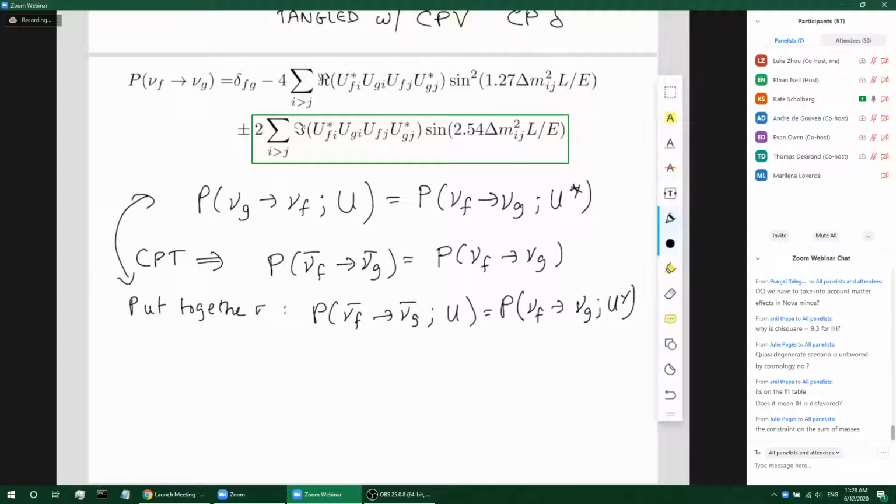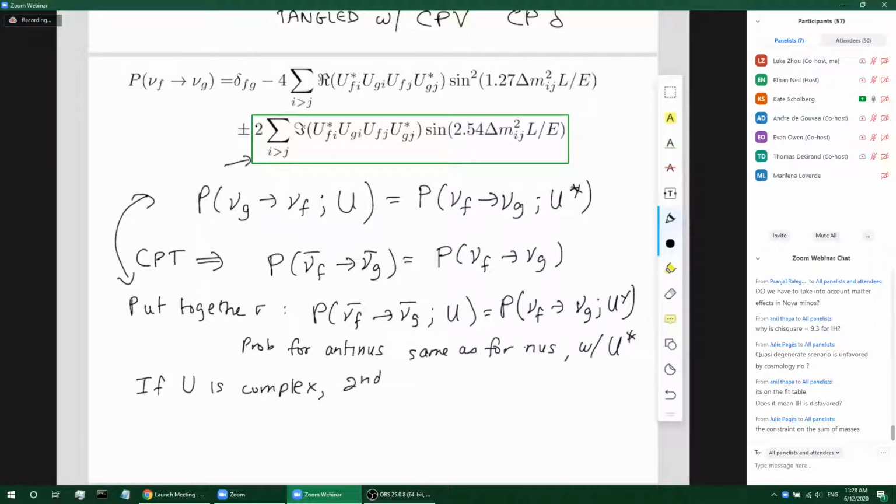What this is saying is that the probability of transition for antineutrinos is the same as for neutrinos with a complex conjugated matrix. And so if U is complex, the second term, this one here, has the opposite sign for antineutrinos.